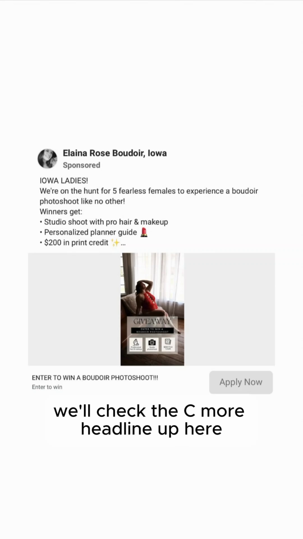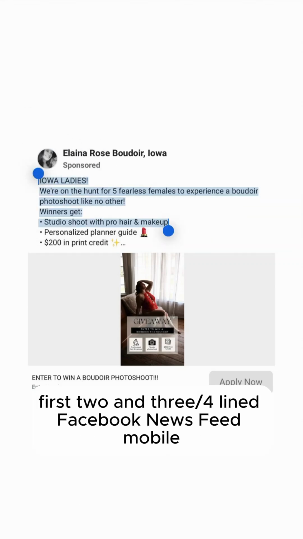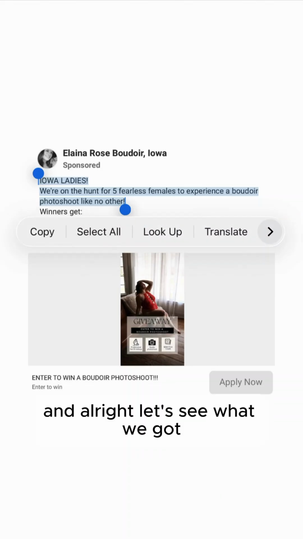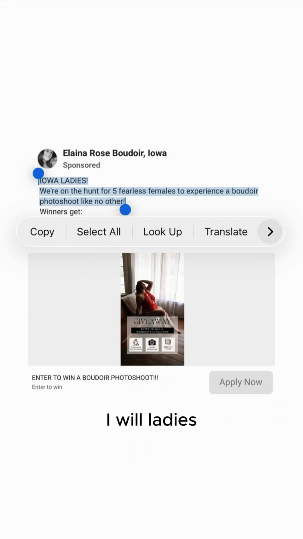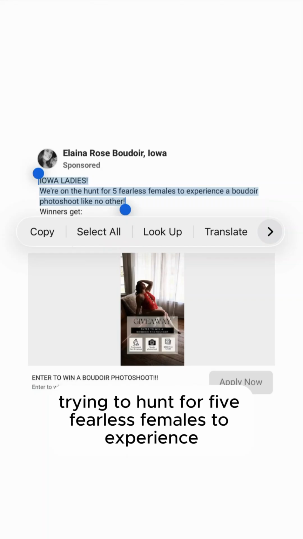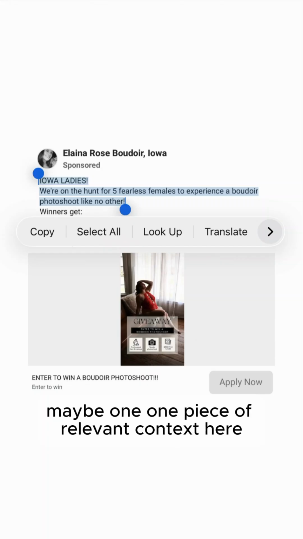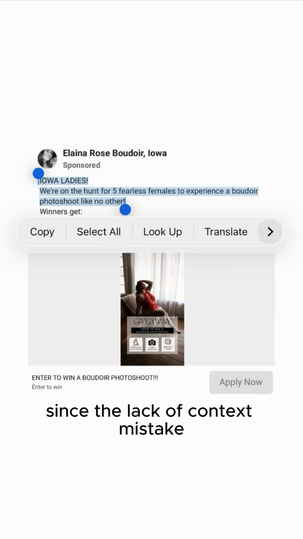All right, finally, we'll check the see more headline up here, first 2 3/4 lines, Facebook newsfeed mobile. All right, let's see what we got. All right, ladies, around the hunt for 5 fearless females experiencing boudoir photos she liked. All right, so we only got maybe one piece of relevant context here. So it's the lack of context mistake.